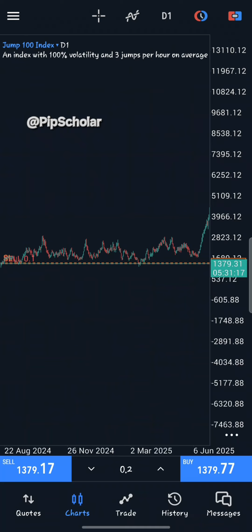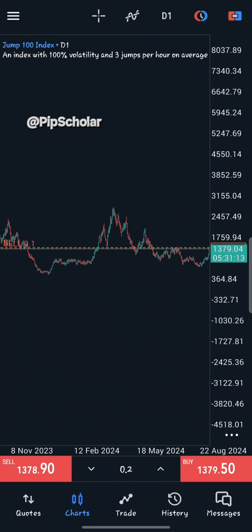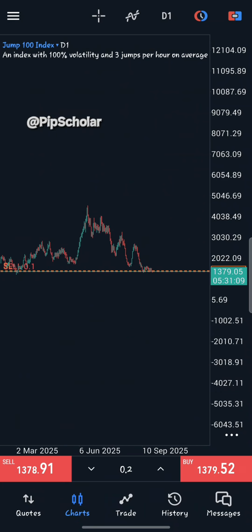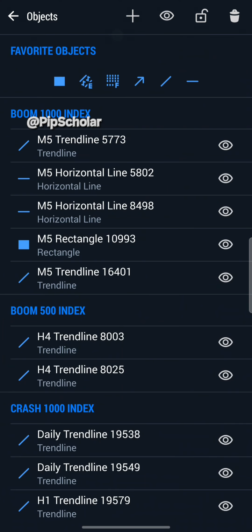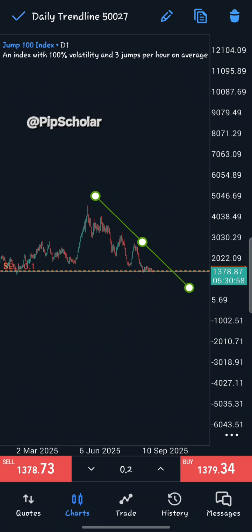Let me delete this trend line also. Now this market, as you can see, is in a downtrend. This is a selling market, because if we draw our trend line, we get the direction. Remember, trend lines show you the direction of the market, who is in charge.